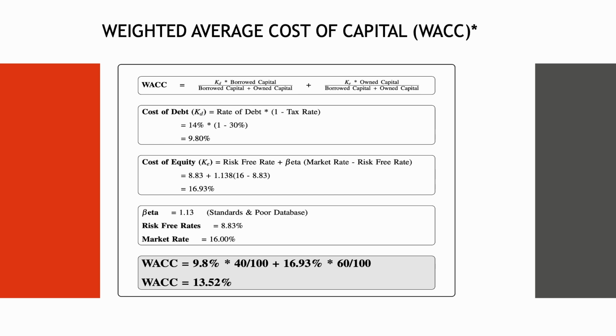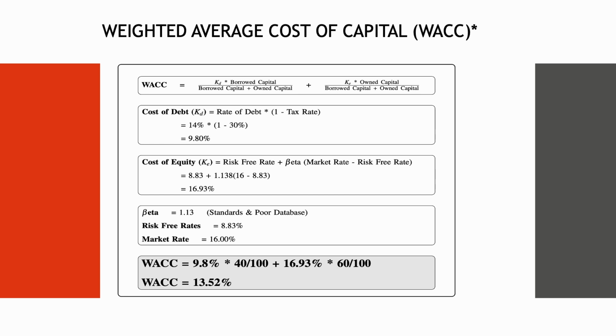These can be computed, and they're also available in various standard databases. Okay? And the market rate, or MR, is the expected market rate of return that you desire. And RF, we've already discussed, is the risk-free rate.